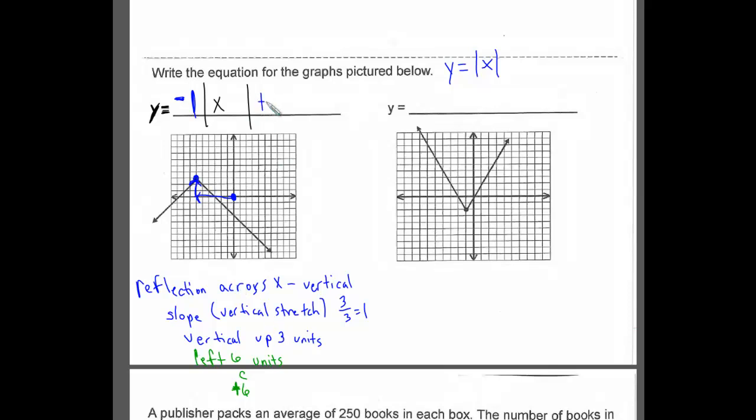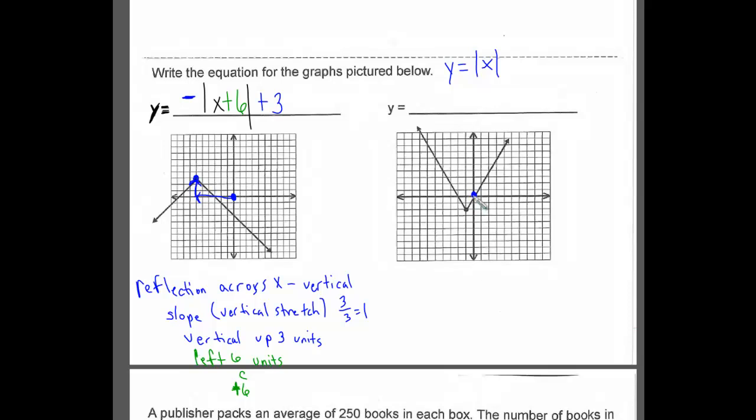We're going up 3 units, and we're moving to the left 6. I do not have to have the 1 written in the equation. Let's look at the very last one.